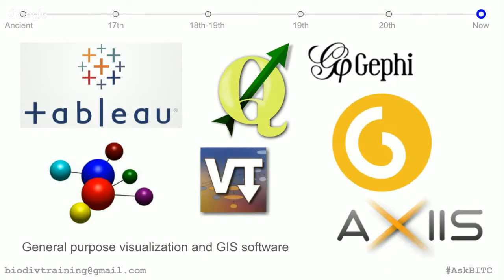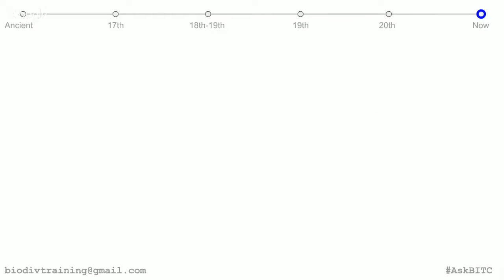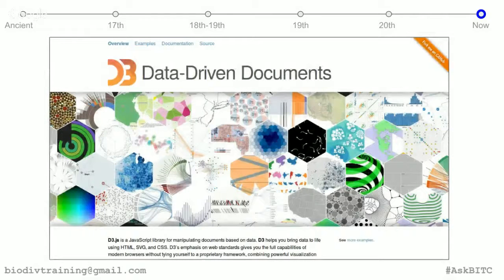But there's even more. Apart from programming languages and desktop tools, online web-based visualization are of great importance today, especially to be able to communicate widely these graphs. D3, for example, is a JavaScript library for creating and manipulating visualizations based on data.